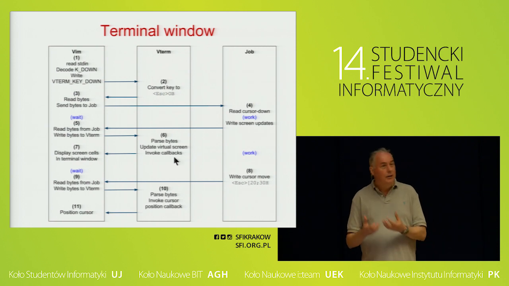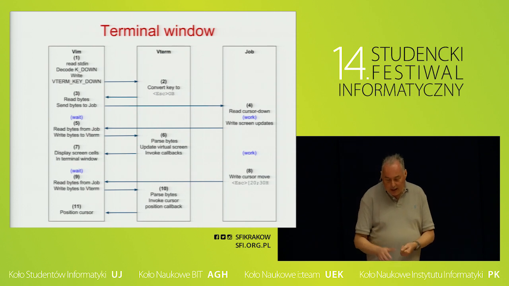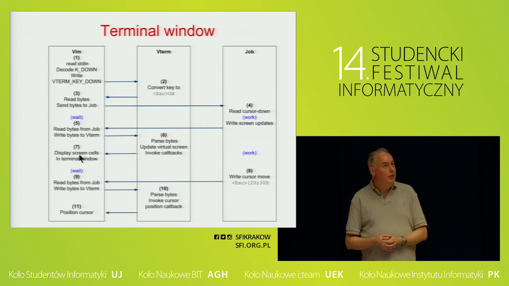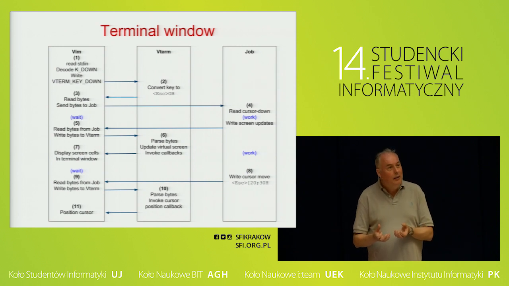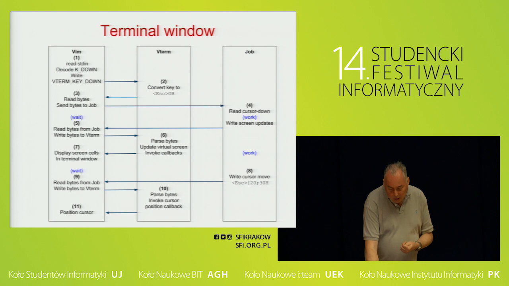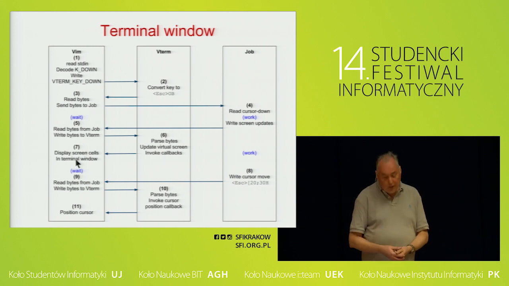So it will update its internal state, the screen, what's displayed, and whatever else. And then it invokes callbacks, which tell Vim to update the screen. So you can see vterm only has internal state. It doesn't actually display anything. Vim takes care of the displaying, updating the terminal, etc. libvterm will eventually say, okay, this is all the updates, and then Vim will redraw the display.